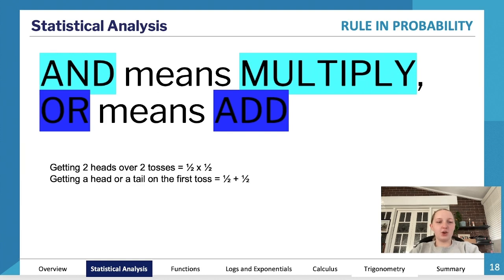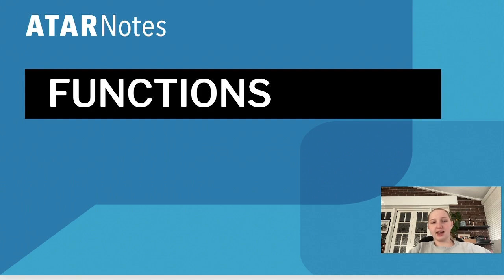Okay, so that is statistics all done for today's lecture. If you guys do have any lingering questions, feel free to chuck them in the chat. But otherwise, we're going to move on to functions.